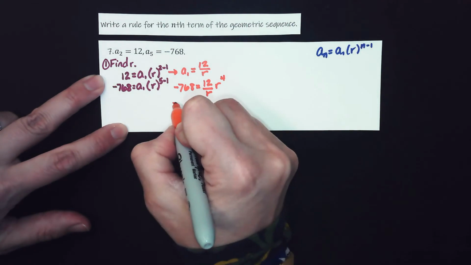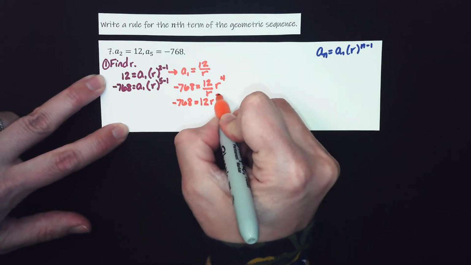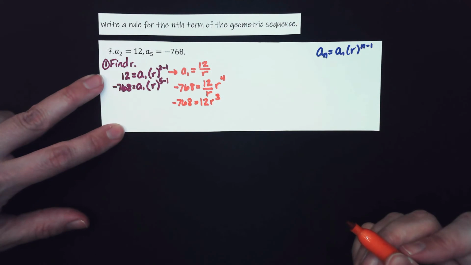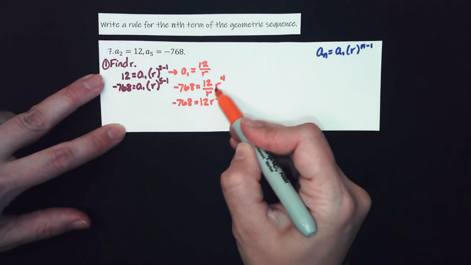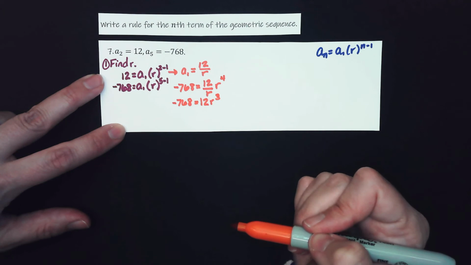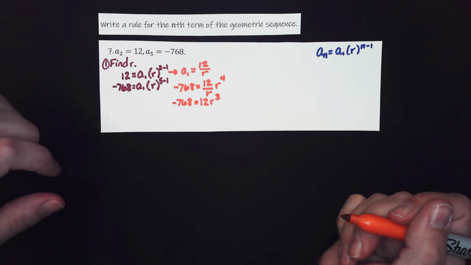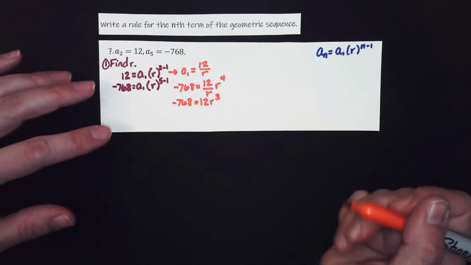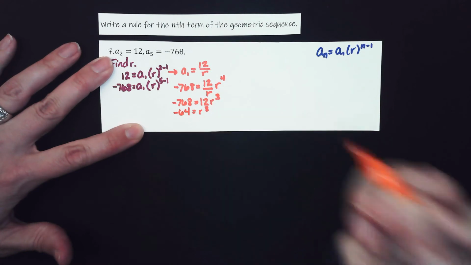So I end up with negative 768 equals 12r cubed, because 4, and remember if it doesn't have a power, its power is 1, so 4 minus 1 is 3. And then it's just solving. From here we're going to divide by 12, and I get negative 64 equals r cubed.